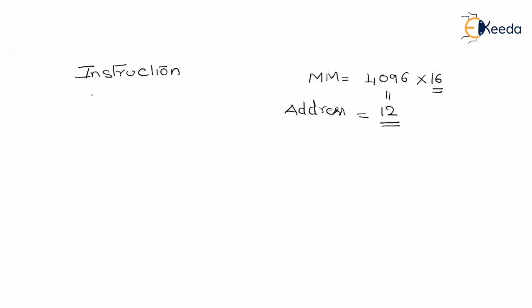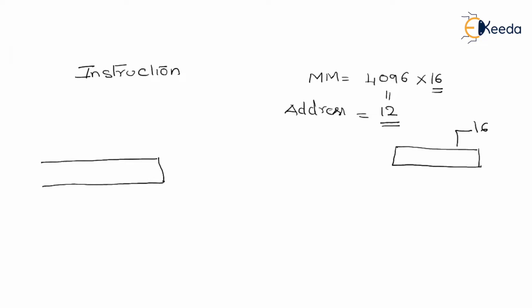Now it is quite clear that our instruction size is equal to 16 digits, because one word in the main memory is equal to 16 digits. Hence, our instruction register size should also be equal to 16, because the instruction size has to be 16 digits.